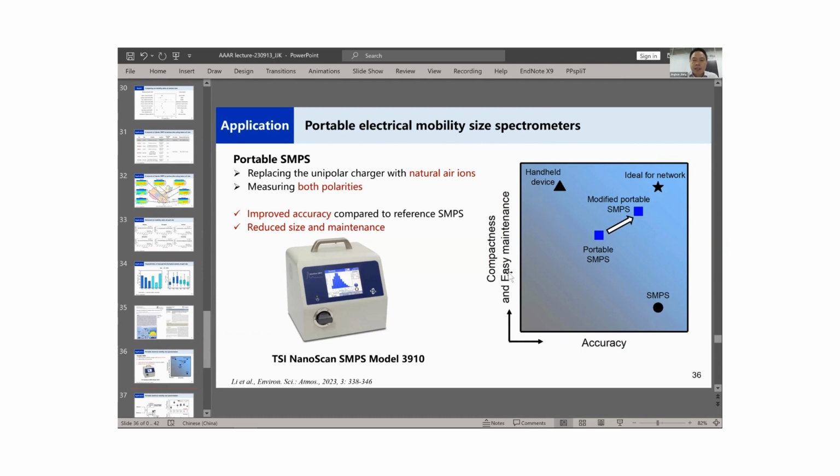For the experiment we did, it shows it works pretty well. I encourage you to look at this specific paper. If you have questions, you can contact me on this. We can share the data as well. But certainly more measurement needs to be done. In our study, we focused more on the ambient atmospheric measurement.